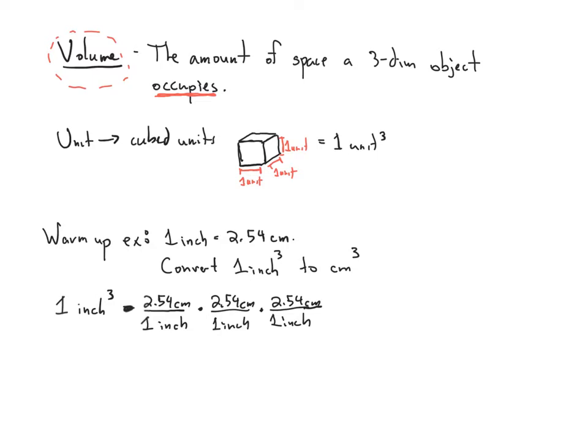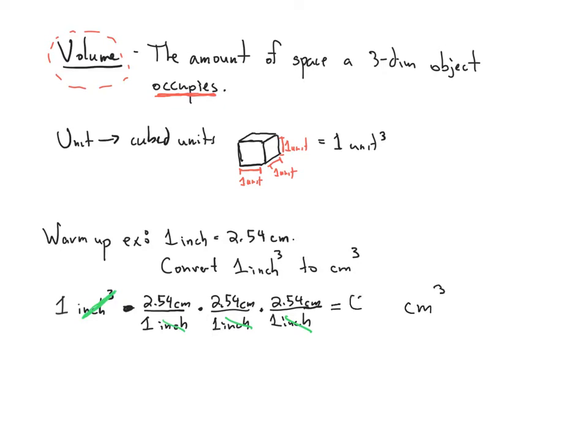Okay, so let's check that our units work out. Well, here's 1 inch, 2 inch, 3 inches cancel with these 3 inches, inch by inch by inch. And we're left with centimeter by centimeter by centimeter. So our unit looks good. It's centimeter cubed.